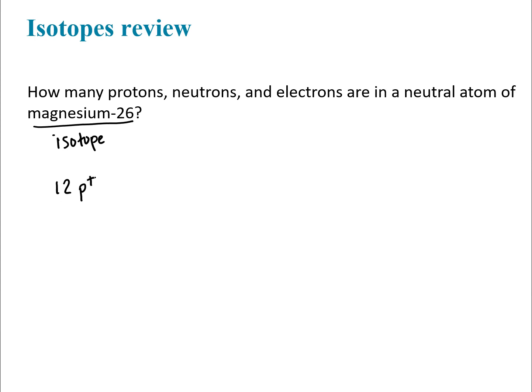In a neutral atom, you have the same number of protons as you do electrons. That's easy. But what about the neutrons? We're given this hint. This 26 is the mass number. The mass number is the total number of particles in the nucleus, which means we're adding together the number of protons plus the number of neutrons.